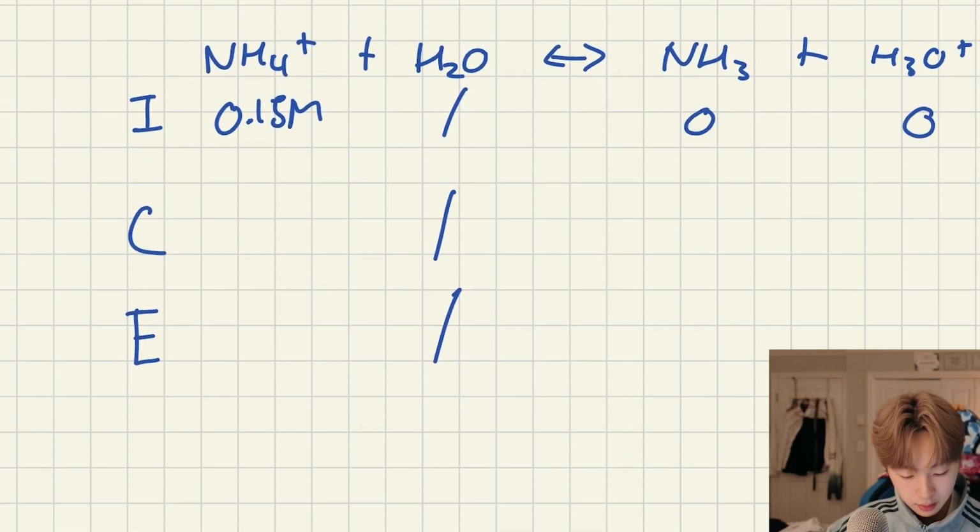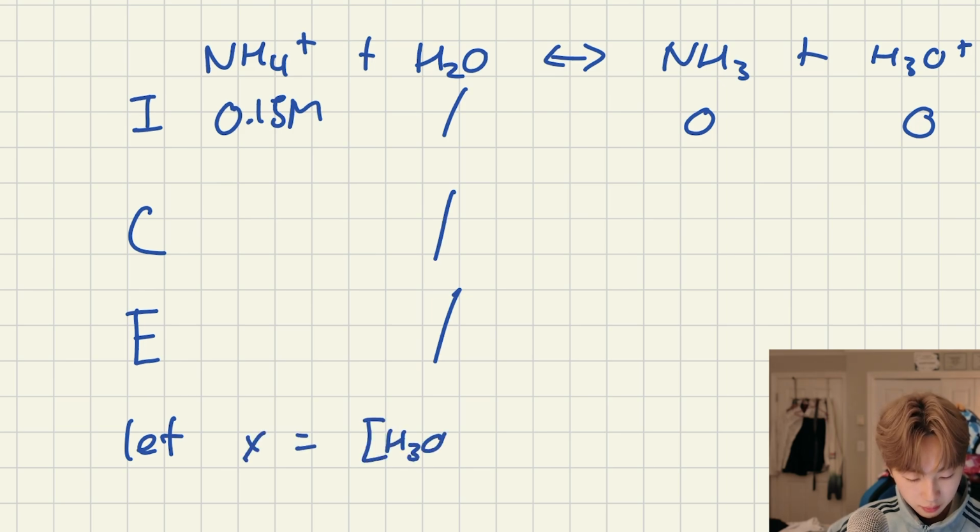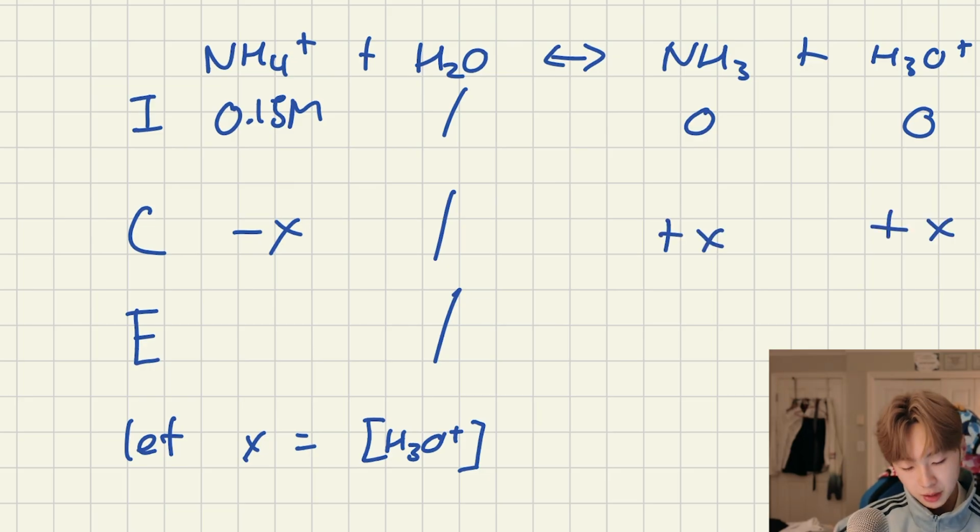We're gonna let X equal our concentration of H3O+. So what's gonna happen is for a change, we're gonna go minus X, and we're gonna do plus X because it's a 1:1 ratio. And we're left with this.